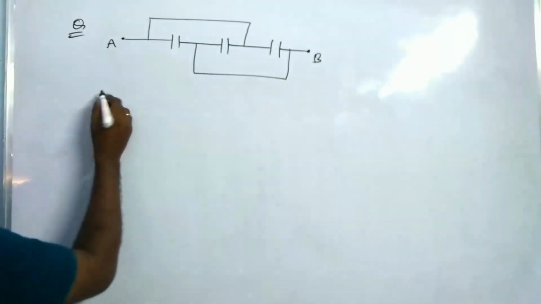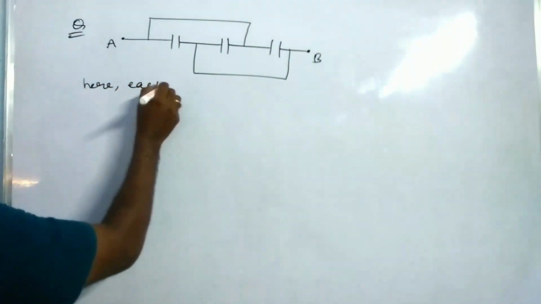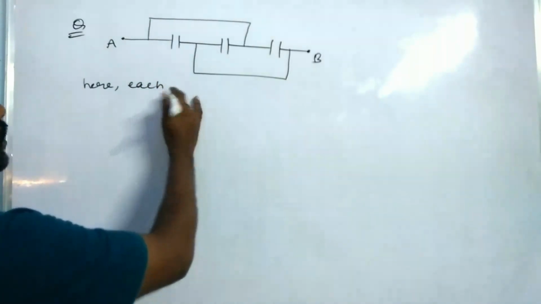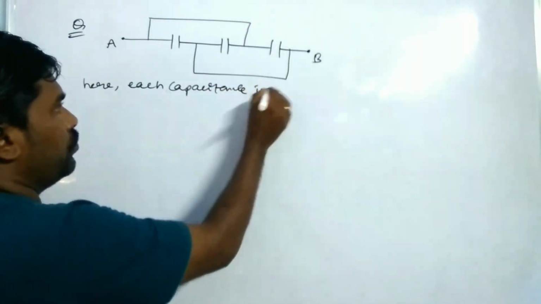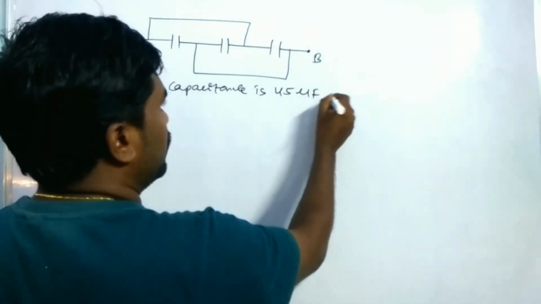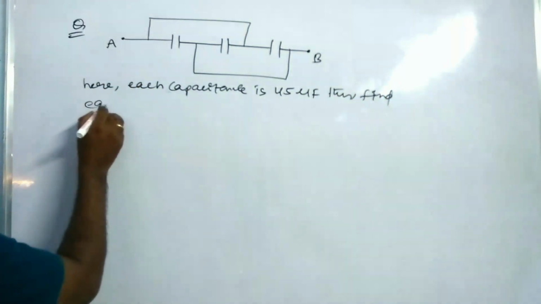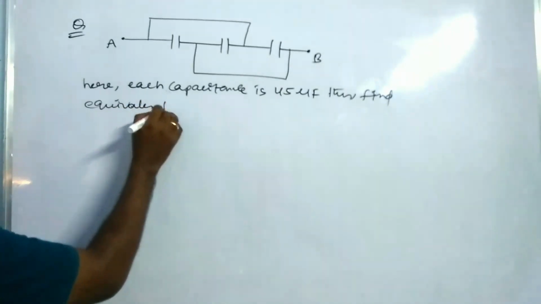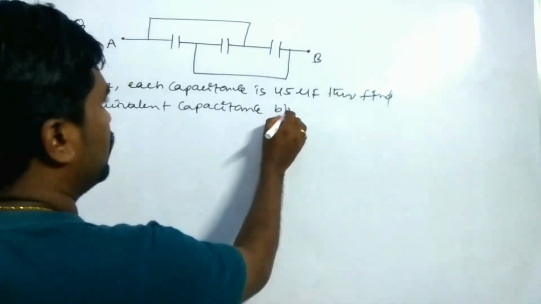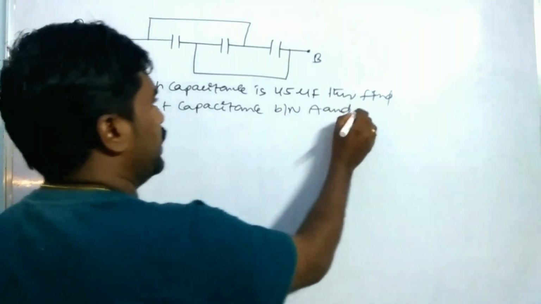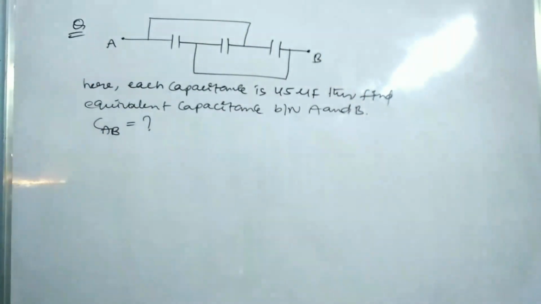So now find here, each capacitance is 45 microfarad. Then find the equivalent capacitance between A and B. Now we have to find CAB. How much is CAB?